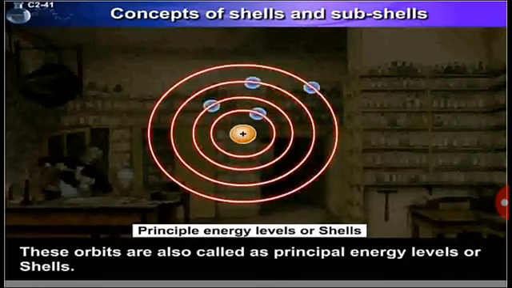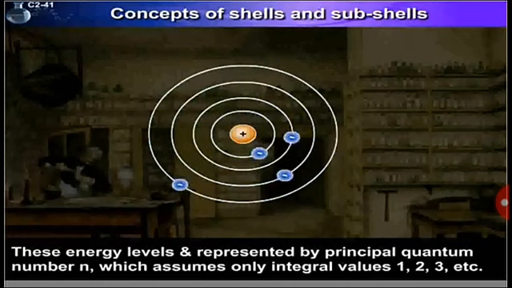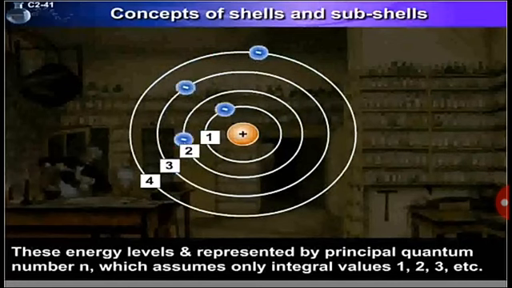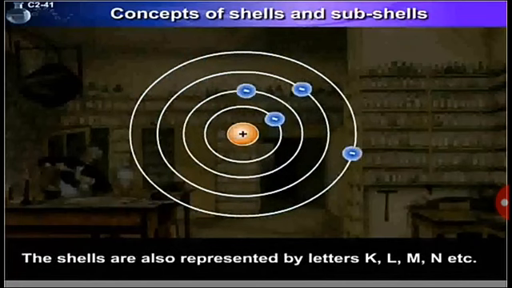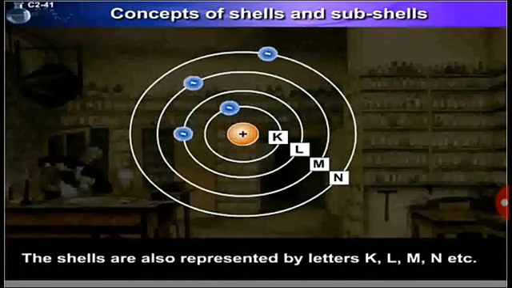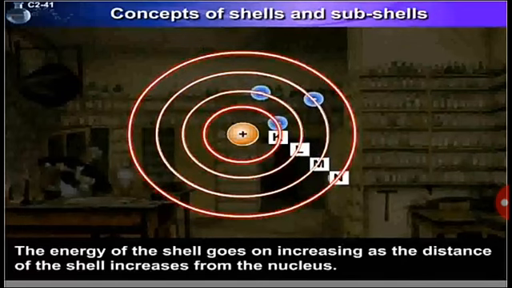These energy levels are represented by the principal quantum number, n, which assumes only integral values 1, 2, 3, etc. The shells are also represented by the letters K, L, M, N, etc. The energy of the shell goes on increasing as the distance of the shell from the nucleus increases.